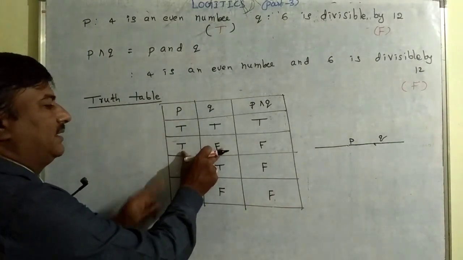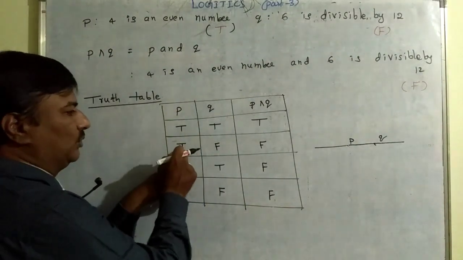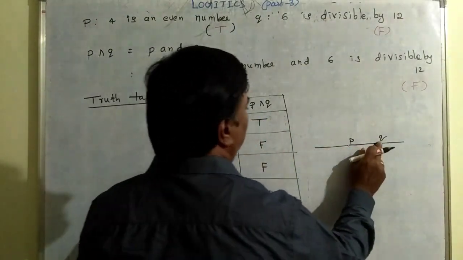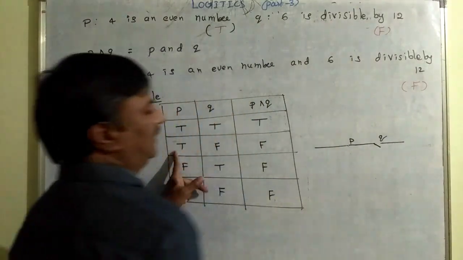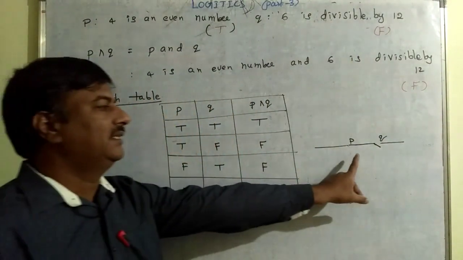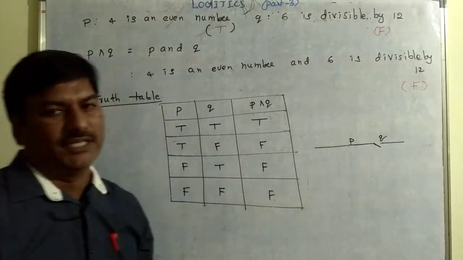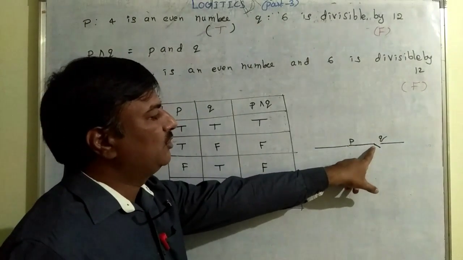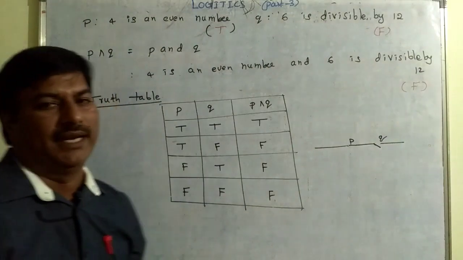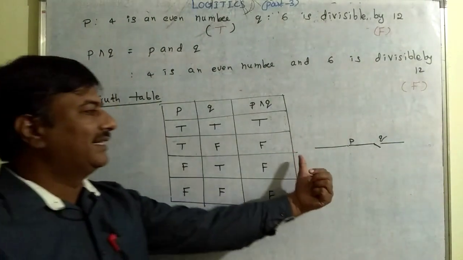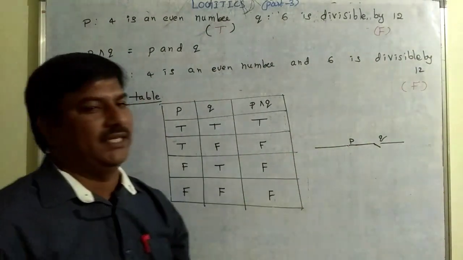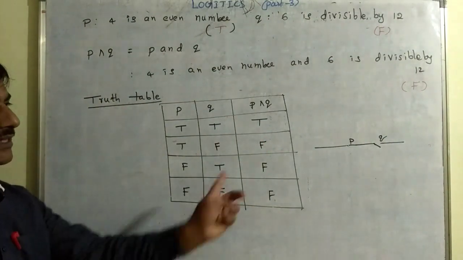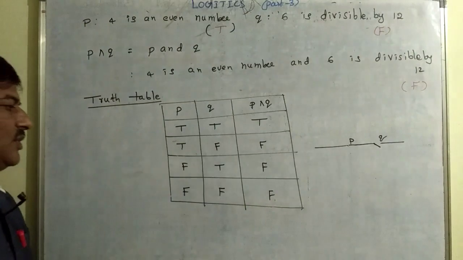P true means closed and Q false means it is open. It is connected in series combination, so the current passes only up to P but not to the end of Q. So the current does not reach outside, which means this is a false statement.